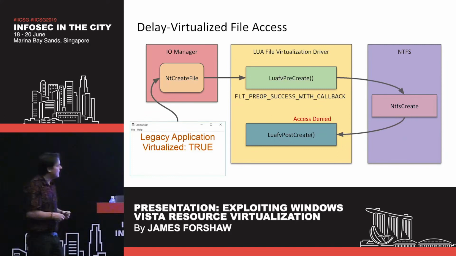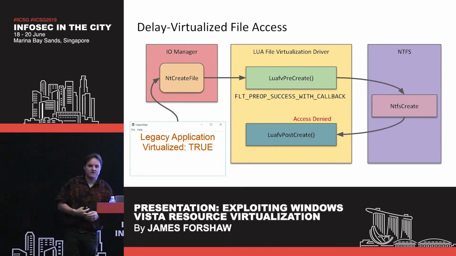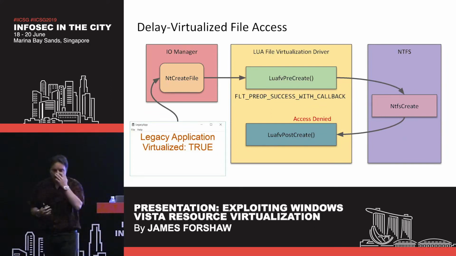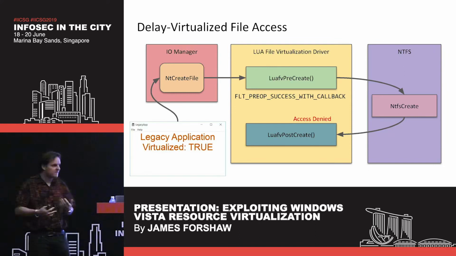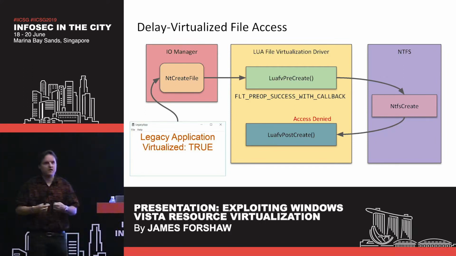The really interesting one, and the one which is most interesting from a security perspective, is something called delayed virtualization. Registry keys do it as well, but it's more important for files in many respects, because I want to modify a file. And one of the actual bad behaviors of legacy code was not necessarily that they were trying to write to a resource.